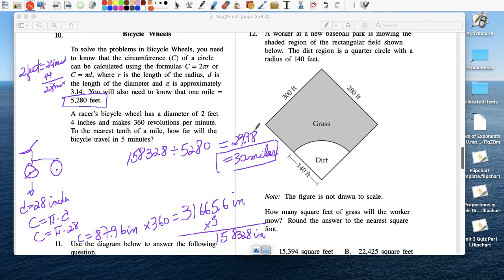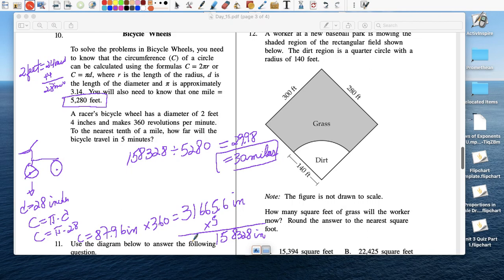Hang on a second, there's something wrong. Take that back. So the bicycle has a diameter of 2 feet 4 inches, 28 inches. 28 times pi is 87.96. Good.